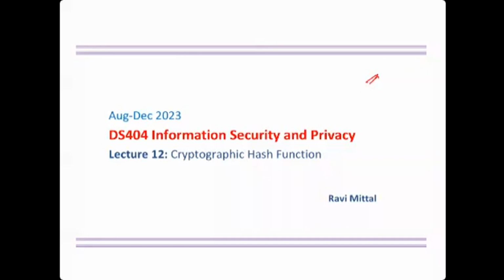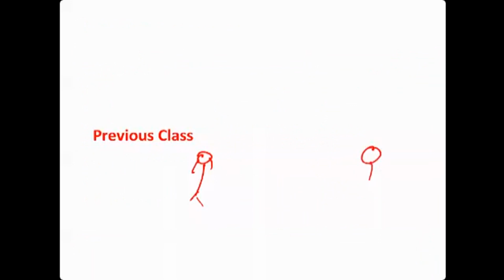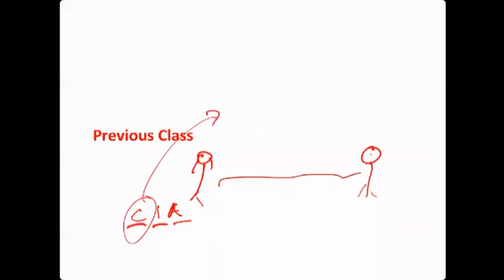Okay. So we have been talking about Alice and Bob trying to communicate with each other over the internet, and we need to solve the problems of confidentiality, integrity, and authenticity. So far we have solved the problem of confidentiality, where we are using symmetric key encryption.